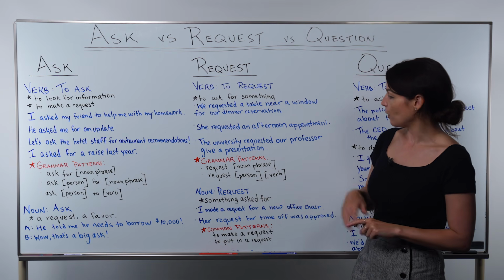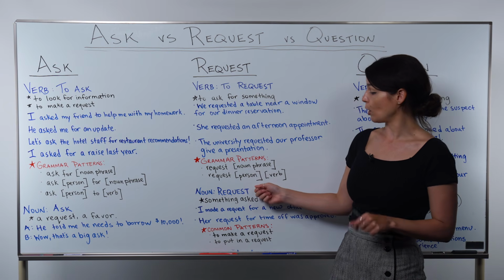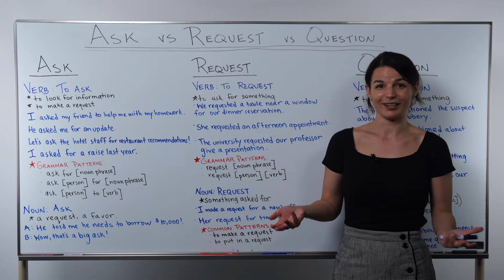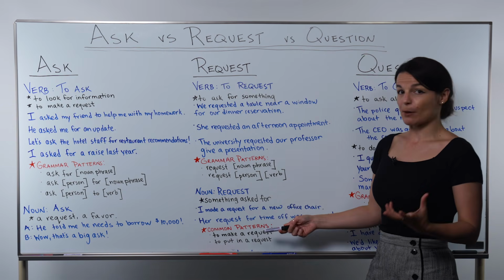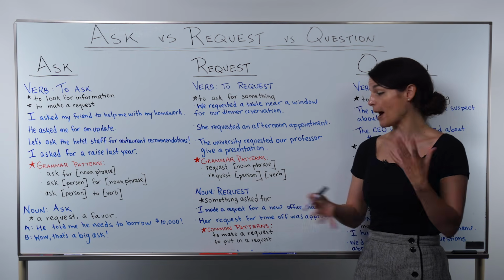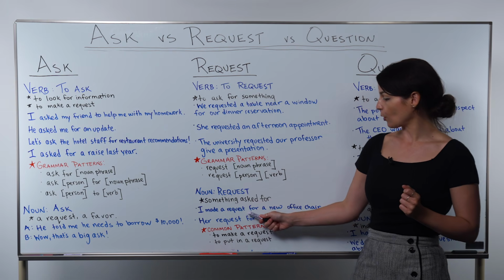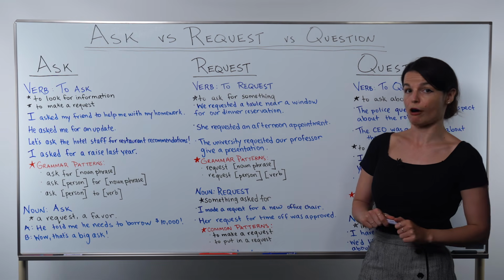Okay, great. So next I want to take a look at the noun form of request. A request as a noun is something asked for, right? Something we want. So let's look at some example sentences so you can see how the grammatical structure of the sentence changes. I made a request for a new office chair.